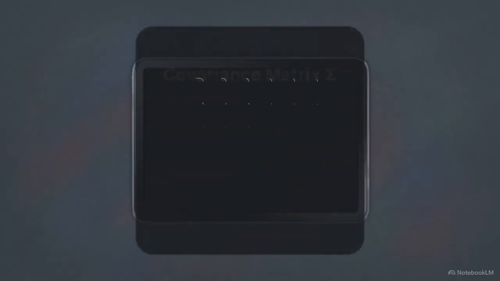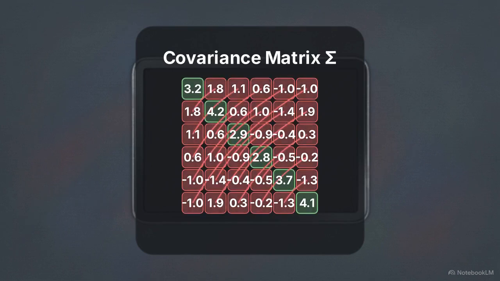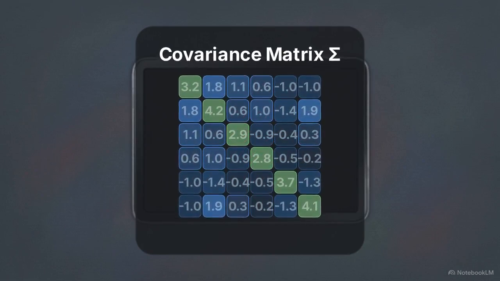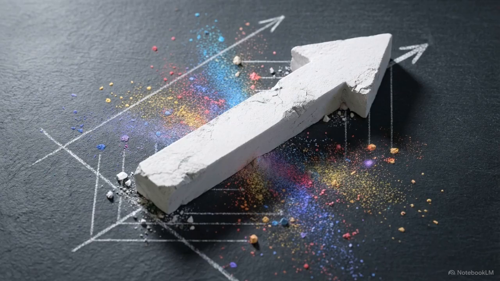To find it, the algorithm computes the covariance matrix of the dataset. This matrix mathematically encodes how each variable fluctuates with respect to the others, giving us a precise measure of the data's orientation and spread. Extracting the defining characteristics of that matrix gives us our line of best fit. The first principal component is the primary eigenvector of the dataset's covariance matrix.